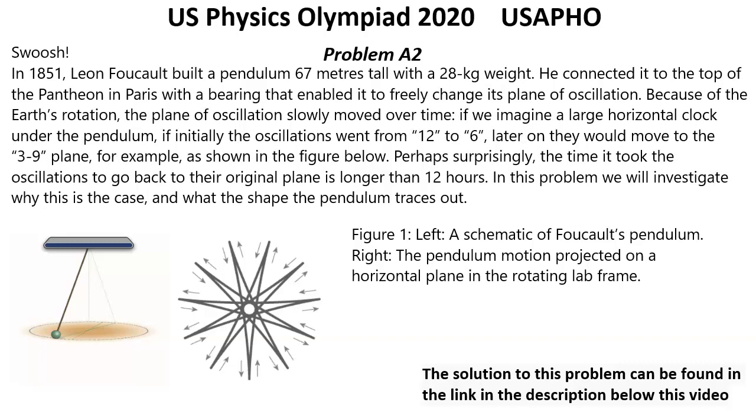In this problem we will investigate why this is the case and what shape the pendulum traces out. Figure 1. Left. A schematic of Foucault's pendulum. Right. The pendulum motion projected on a horizontal plane in the rotating lab frame.